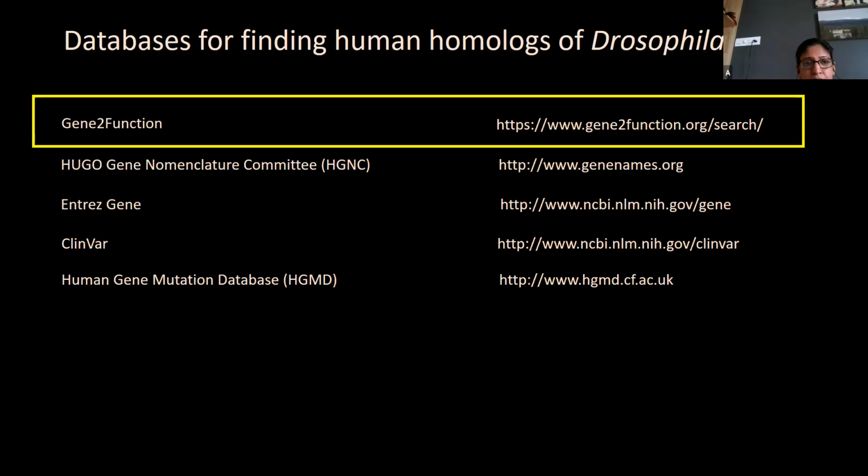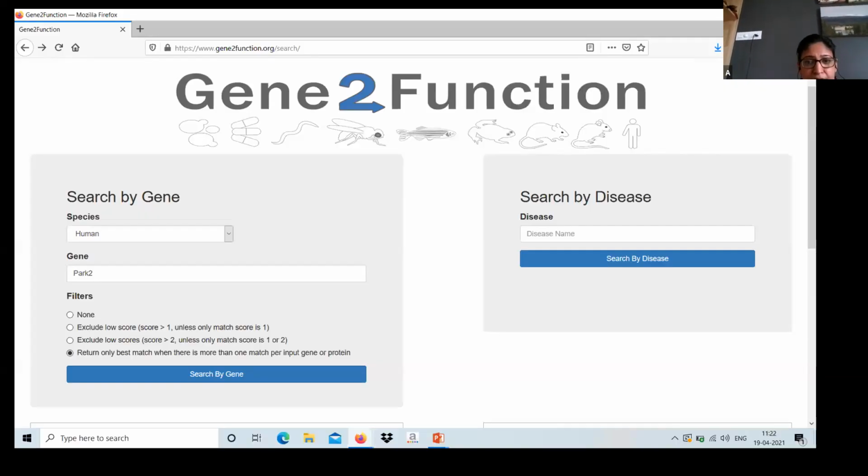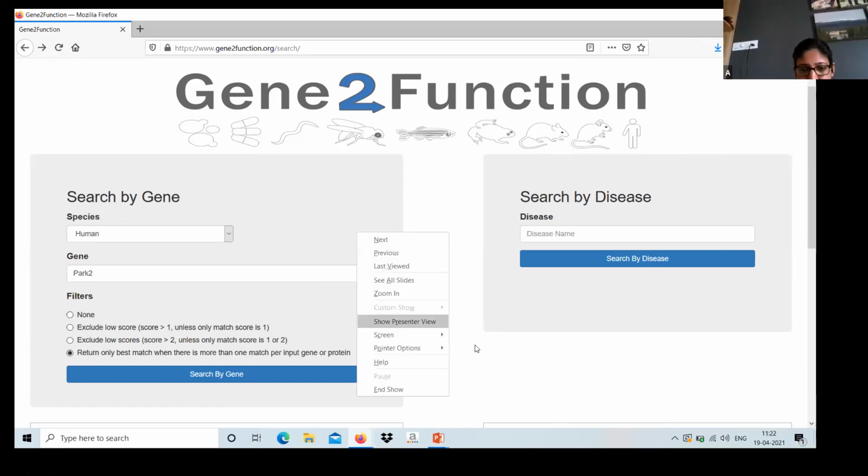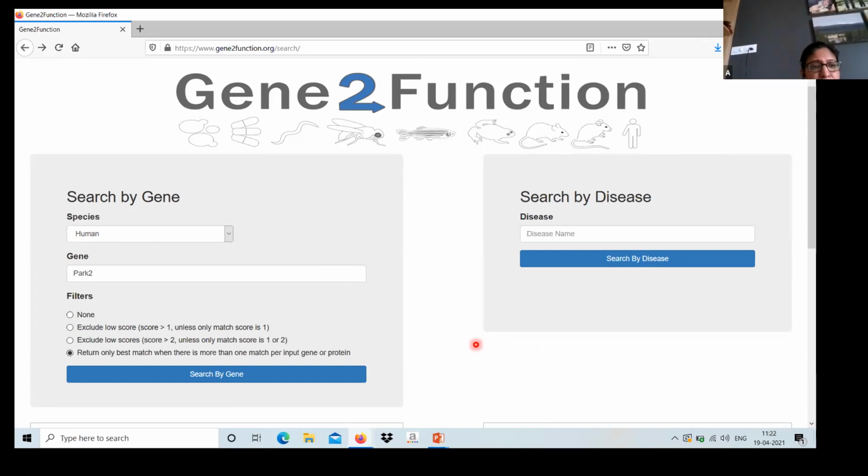So how does it look? This is the web page. Now if you look at the left side here, it says search by gene and species. When you want to find out whether the human gene is conserved in Drosophila, you just put human here and put down the name of the gene that you want to select.